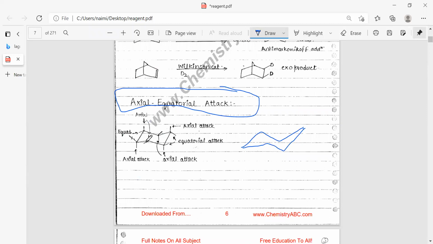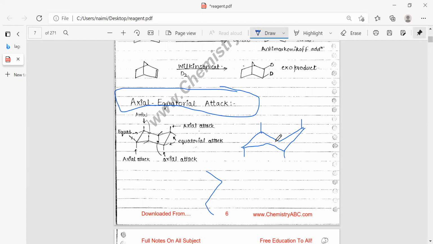If you want to draw the axial bond, then what you will do, this one is the axial bond. And the axial bond is always Z type. If this is this position, then it will be its opposite. So this bond will attack, means you will draw it like that, Z type.